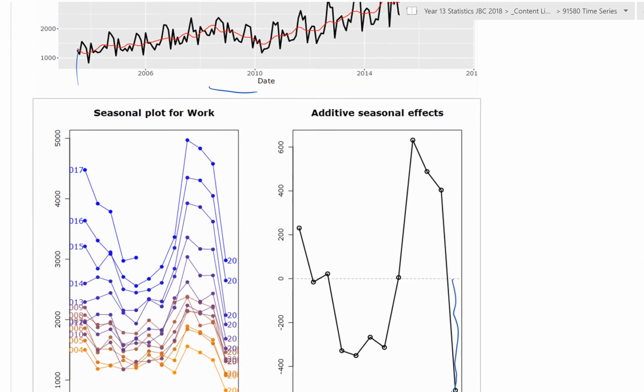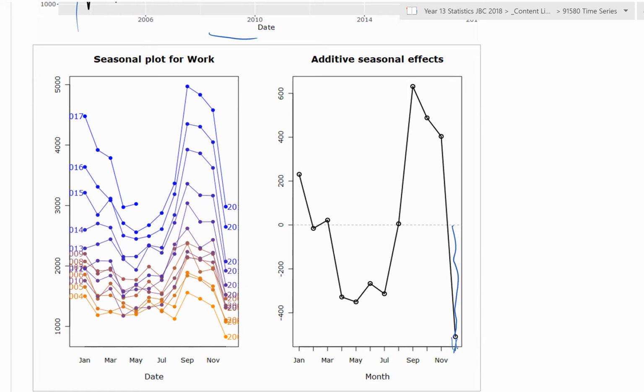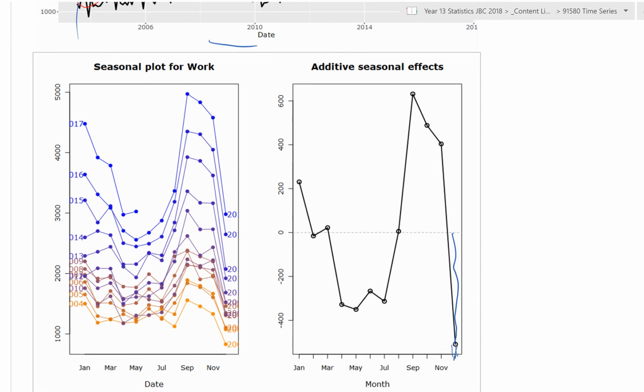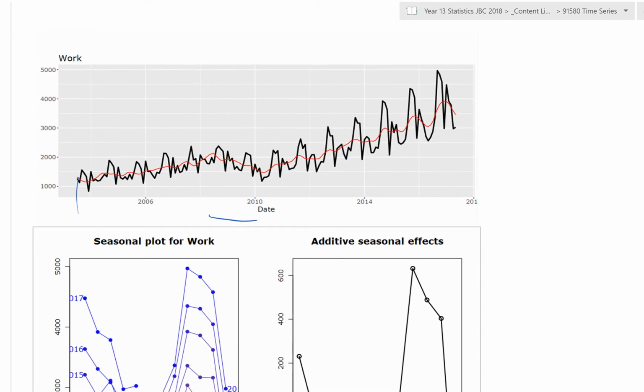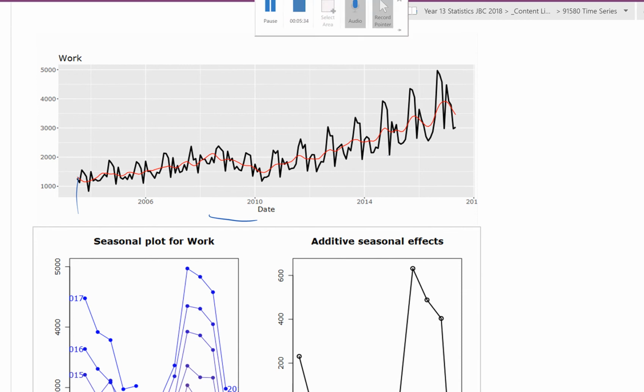The units here are the number of people arriving to New Zealand for permanent or long-term situations involving work. So they're here for working. And we can see the scale there. What they've done here is that graph on the left, the seasonal plot, is basically just formed by snipping out each year.